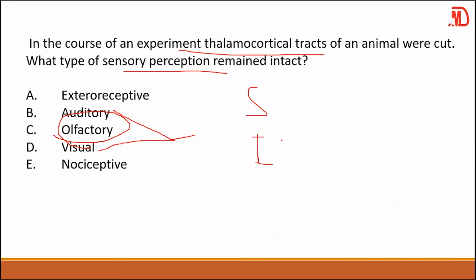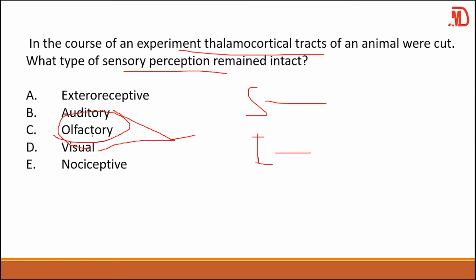Go and look for what is responsible for superior and what is responsible for inferior. We've talked about this like 10 million times. So if you've forgotten about it, please revisit the videos. Even in the 2015 booklet, we have talked about something like this. But that's just by the way. Now we're talking about the olfactory nerve. That one does not pass through the thalamus, and hence it will remain intact.